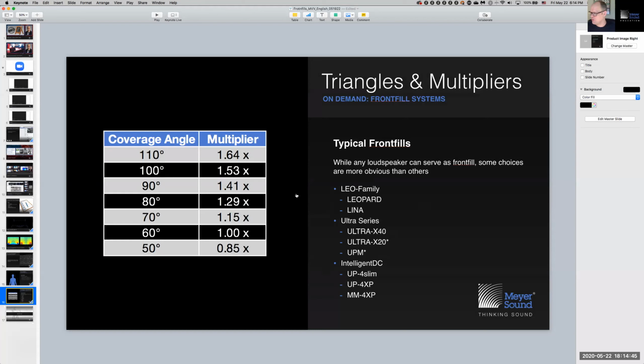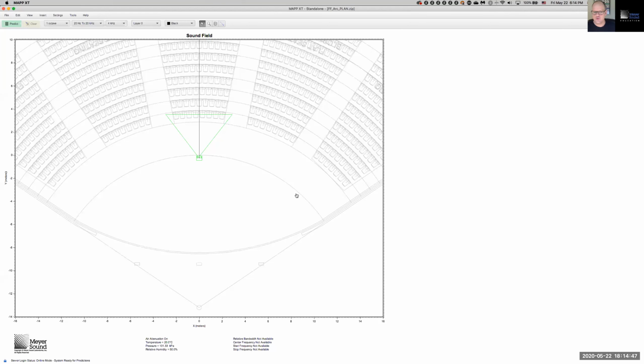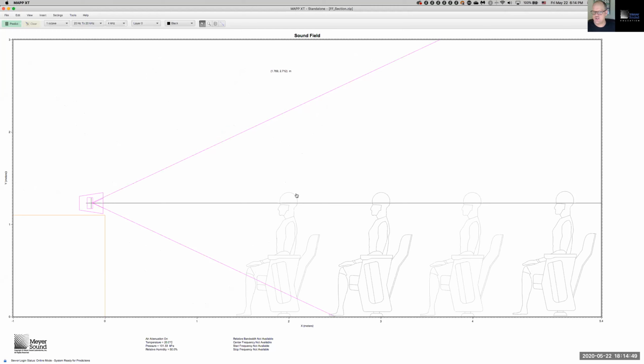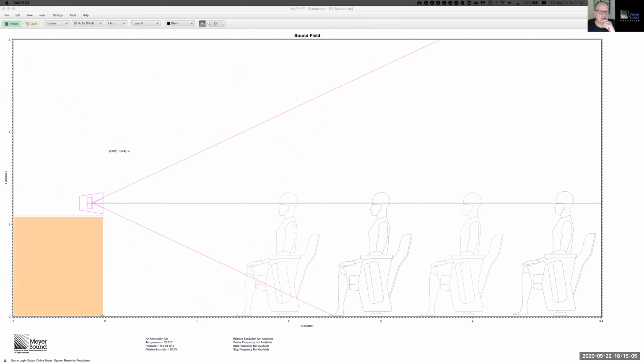Before doing that, I would like to start with a section view. So here we see a map. On the left side, we see the stage indicated by orange. This is a section view, which means that you're looking at the venue from the side.